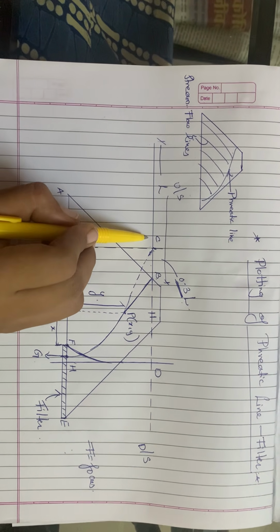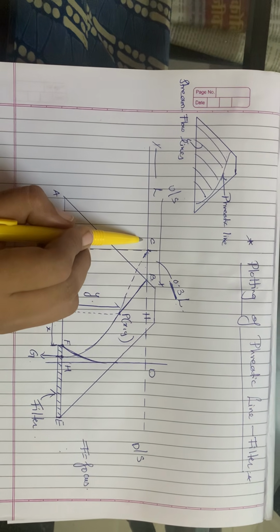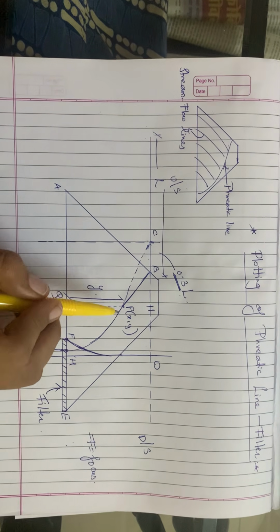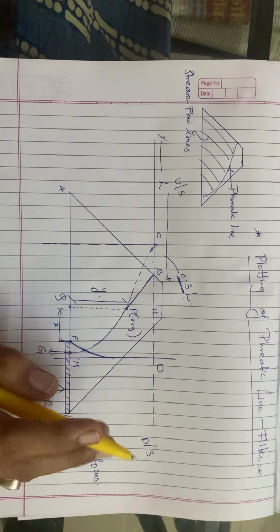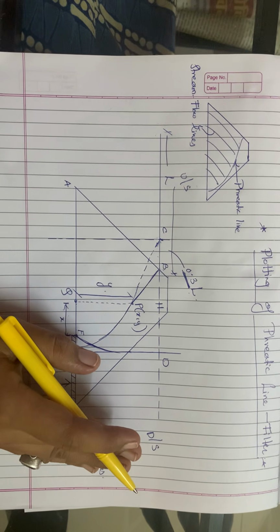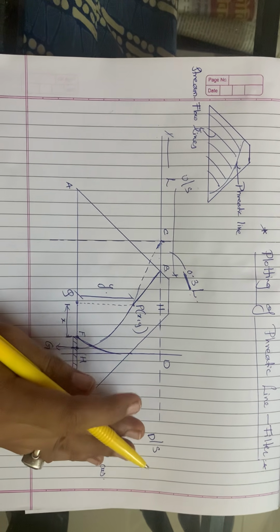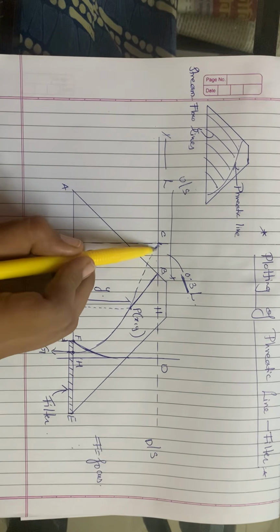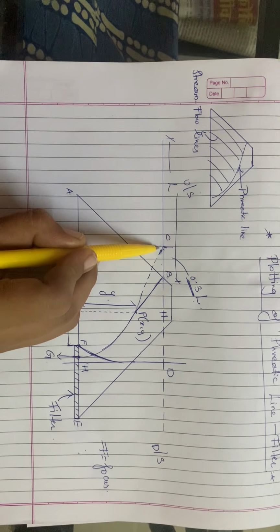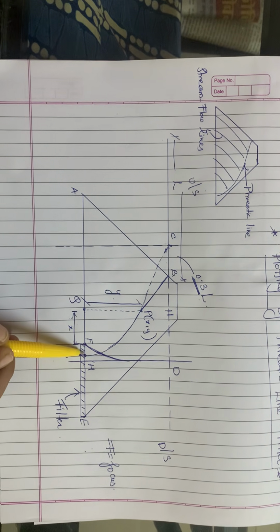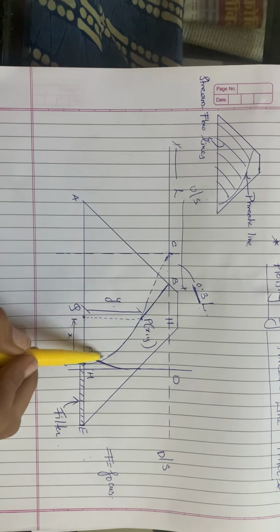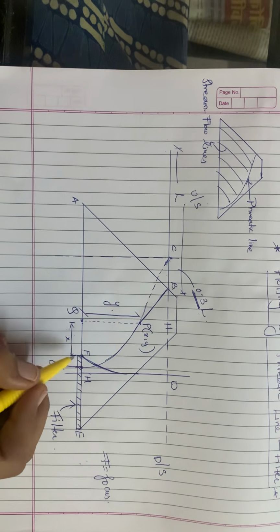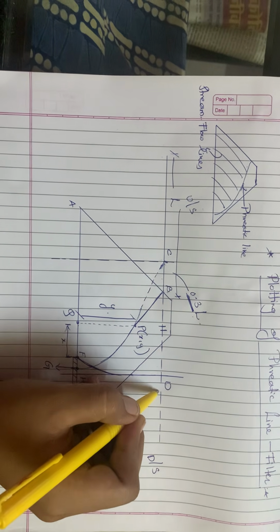After that, we have to locate the position of the directrix of the parabola. We have a parabola, so it must have a directrix. For that, we apply the principle that any point on this parabola must be equidistant from the focus and the directrix.